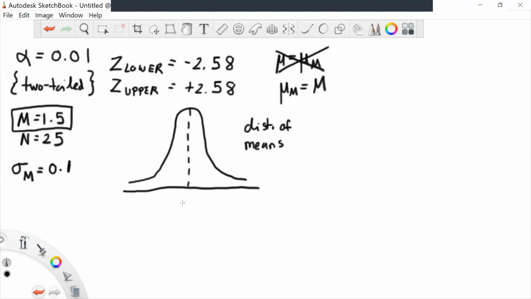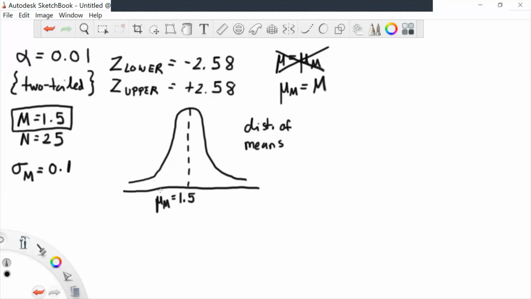So here, the center or the mean of this distribution of means is going to be 1.5. We're going to call this mu subscript m, because it is the mean of a distribution of means, just a different distribution of means that's centered on the sample mean rather than the mean of the population of the null hypothesis.